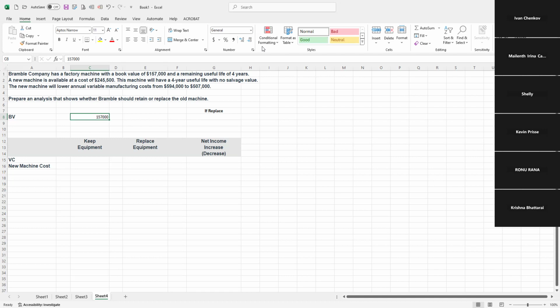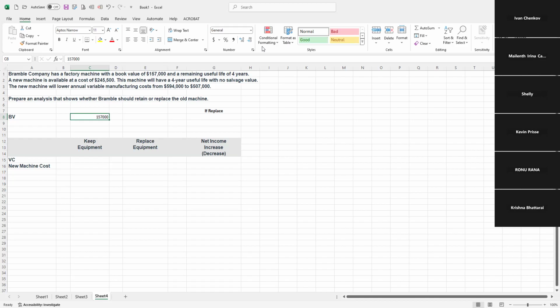is 594,123, and the future variable cost will be 507,123. Now, how much is the difference? It is 87,000.